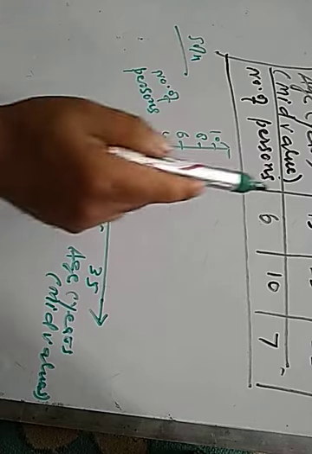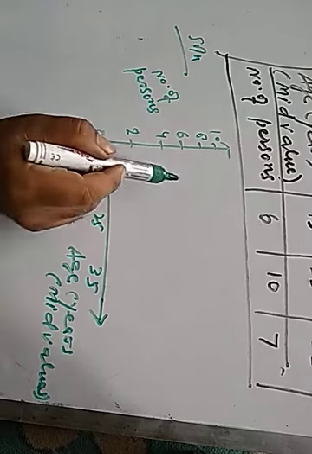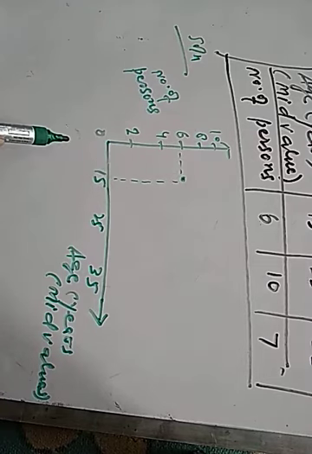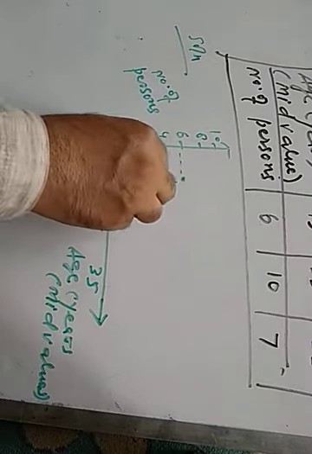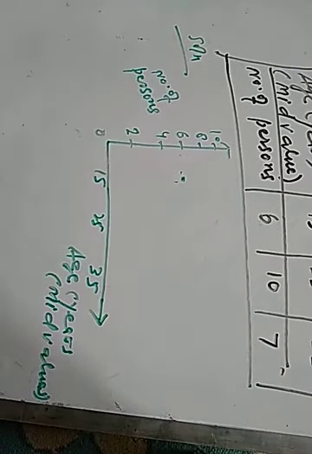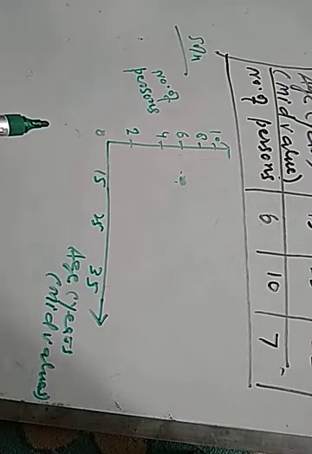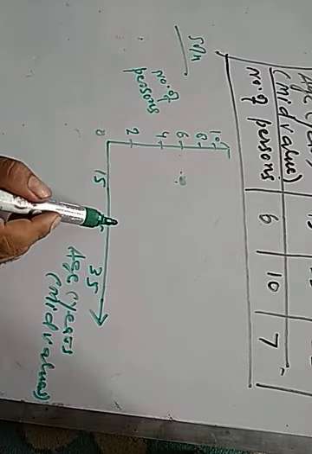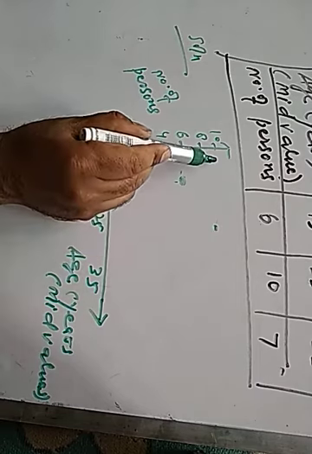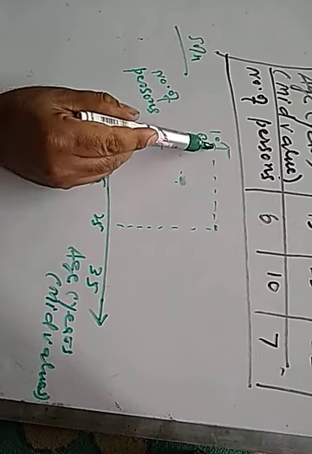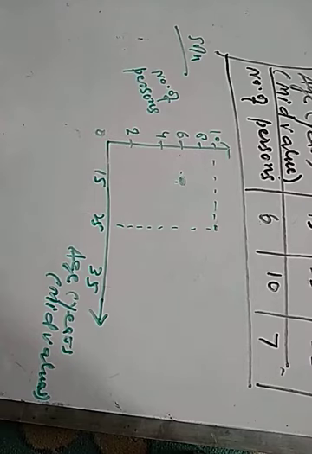The first mid value is 15, whose frequency is 6. This is the frequency and this is the mid value. For the mid value 25, the frequency is 10. Frequency is equal to 10 and mid value is equal to 25.